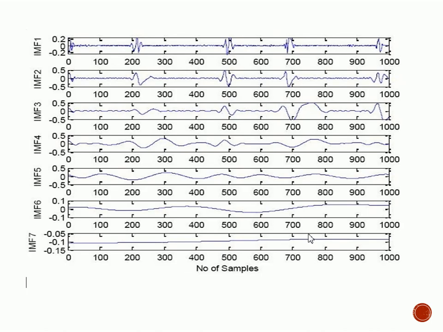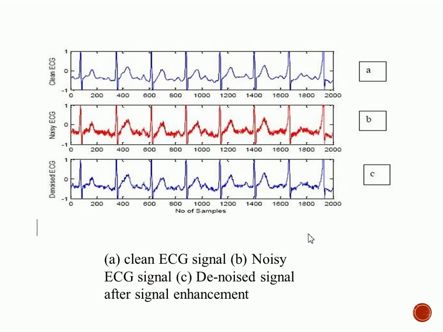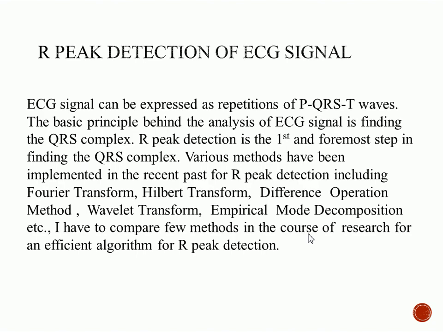Empirical mode decomposition decomposes the signal into small intrinsic mode functions, IMFs. Here we divided the signal into 7 different IMFs and add up these 7 after denoising them. We get a complete denoised ECG signal. Thereafter we have to perform different transformation techniques.